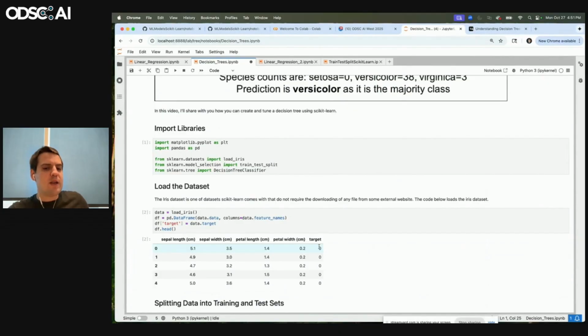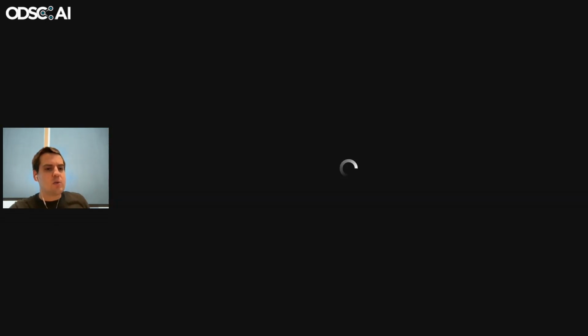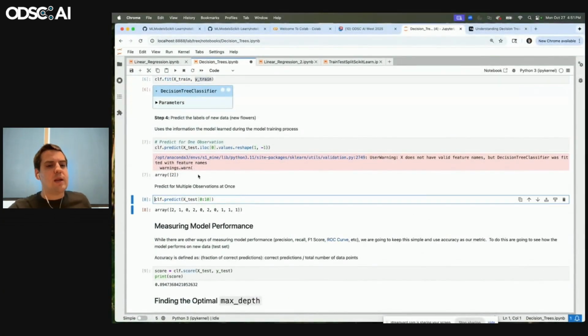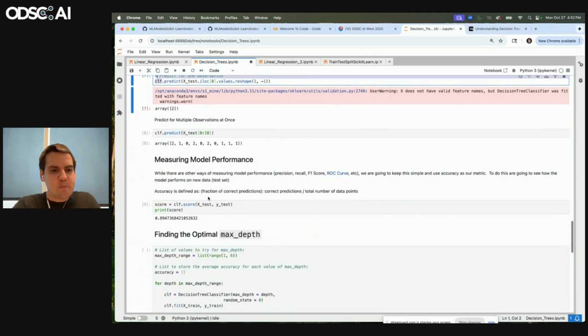A 0 is one of the flowers, a 1 is a different flower, and a 2 is a different flower. So that's one really important thing. If you have this result from a model and you show your boss, if it's a 2, maybe that's a virginica flower. I can't just show the boss, hey, class 2 did really well. And the boss asks, what is class 2? And I'll be like, I don't know. In this case, I believe it's virginica, but I can be completely wrong.